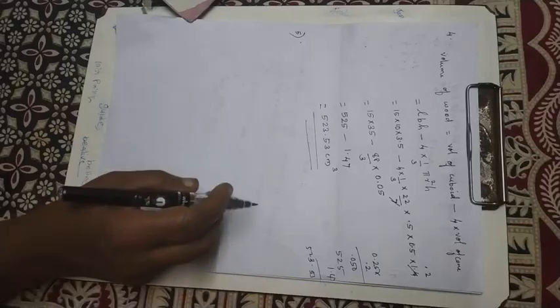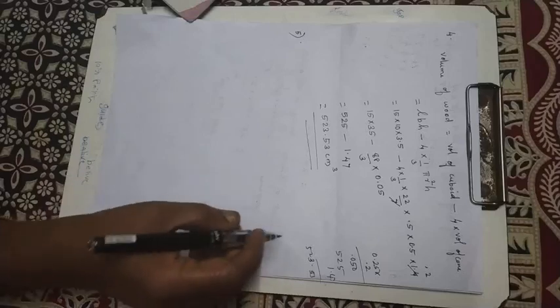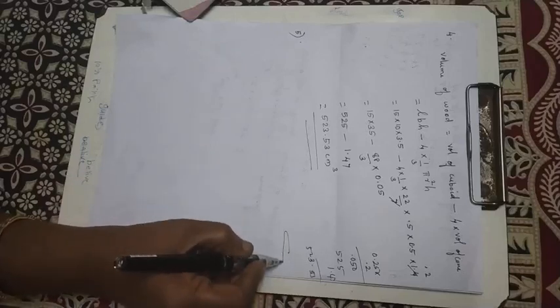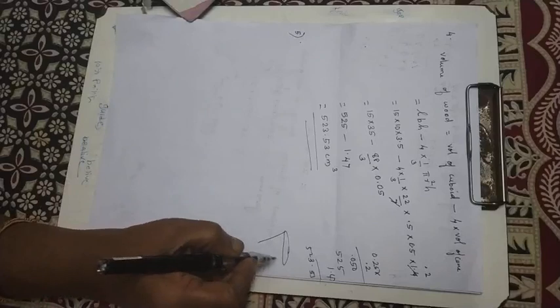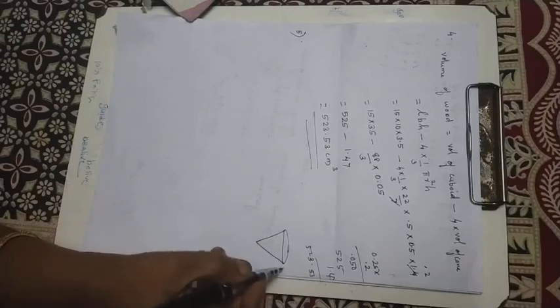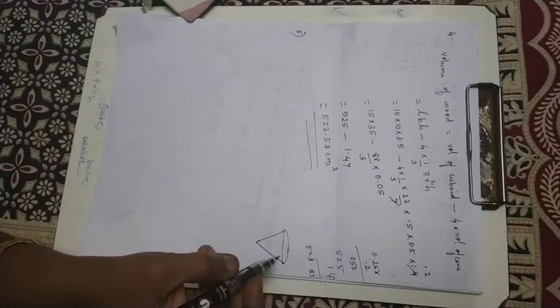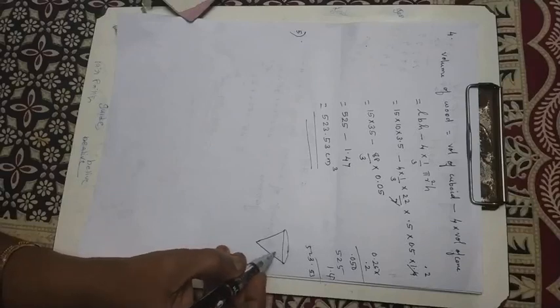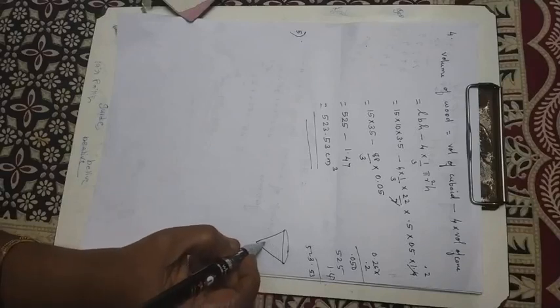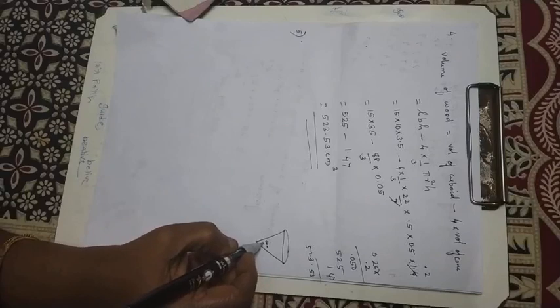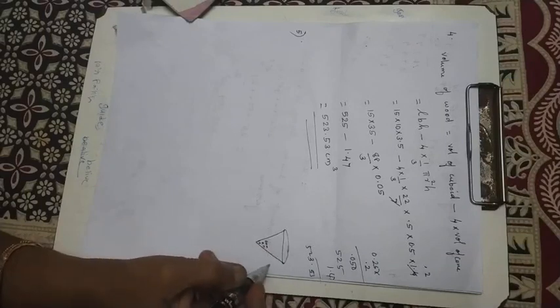So a vessel is there that is in the form of an inverted cone. So this is the vessel. It is completely filled with water. Now when you are dropping lead balls into this one, some water is displaced.